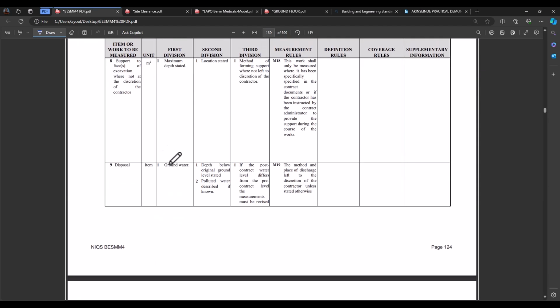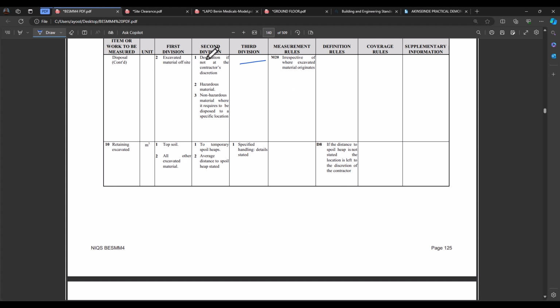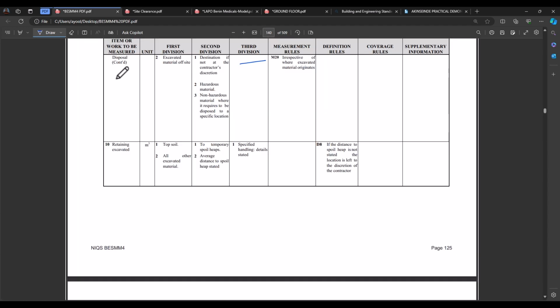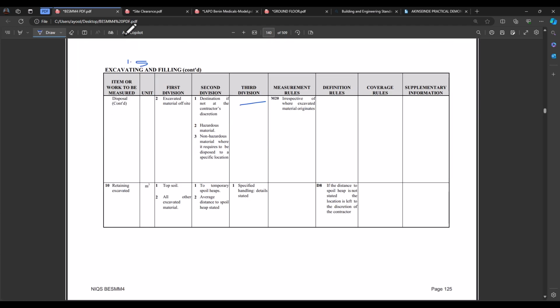You notice we have 1 here for groundwater, .2, .1, .0. So that's going to be excavating and filling. Disposal, that's 9. What are we disposing? Excavated material, to where? Maybe 1 kilometer offsite. Destination, if not left to the discretion of the contractor, 2 and 0 and 0.